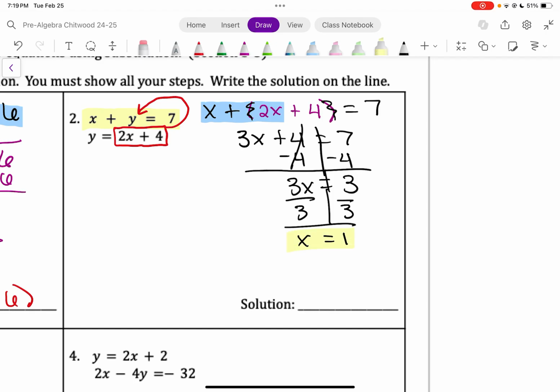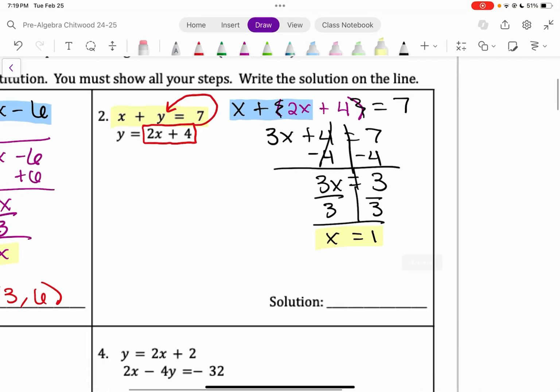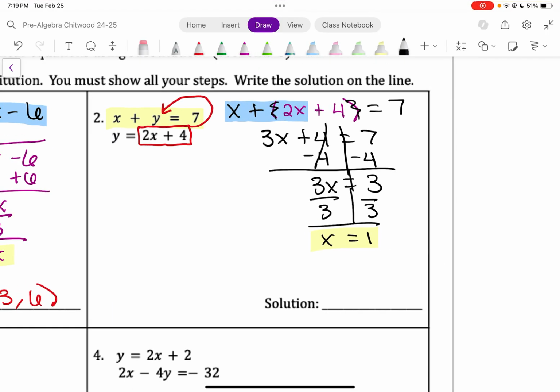Now I'm able to plug in the variable we just found into one of the equations to solve for y, the other variable. Doesn't matter which one you choose as long as they have both variables. I'm going to do the top one. So I have x plus y equals 7.